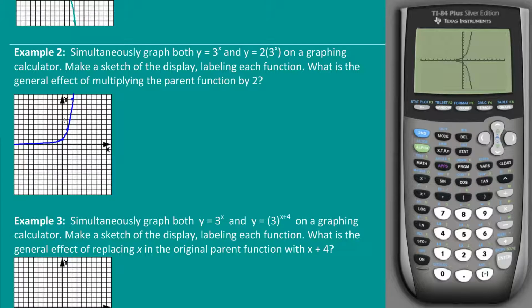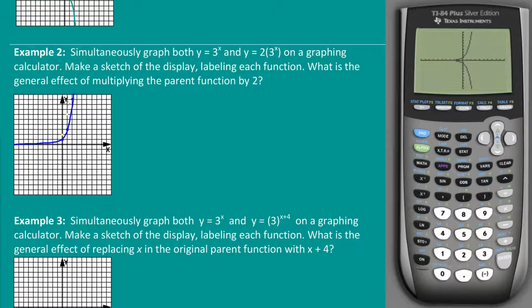So I'm going to take this guy and copy him. We'll use him later. For now, though, what happens if I stretch this? Well, that means that all my y values will double. So if x is 0, my y will be 2.